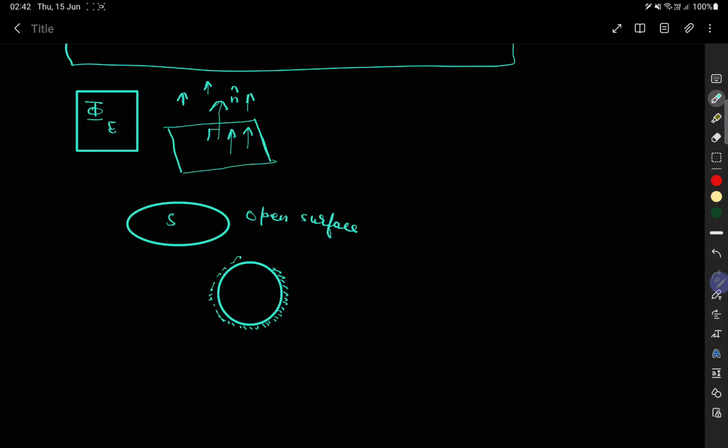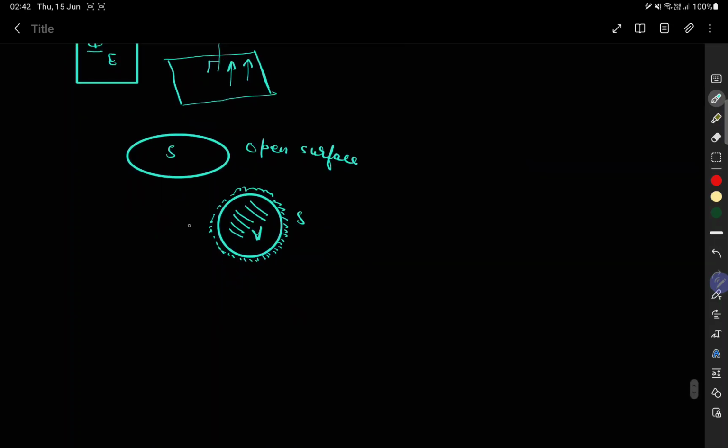This surface of the sphere, you could call it S, but this surface does enclose a volume, which we'll call V. Suppose you have some point charges within this volume, I'll call them Q, or let's just have more Q's. You have some point charges within this given surface.